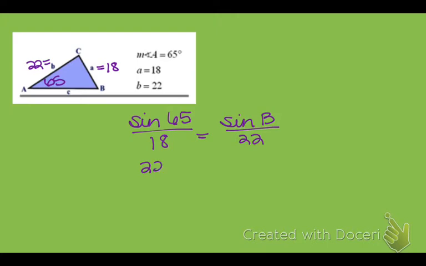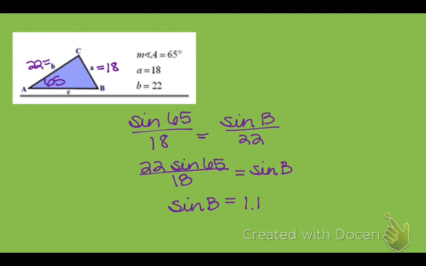Cross multiply, so hopefully you're starting to pick up on some of these processes and you can work through these a little bit faster than I've been in these examples. So again, we would take our inverse sine of B and then simplify that 22 times sine of 65 and divide it by 18. And then sine of B is 1.1.